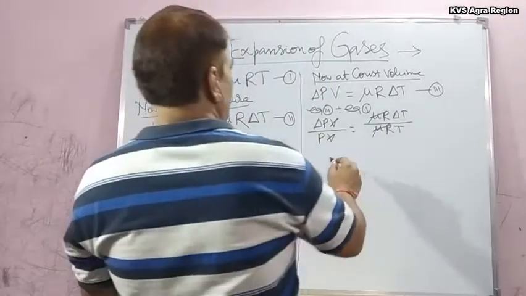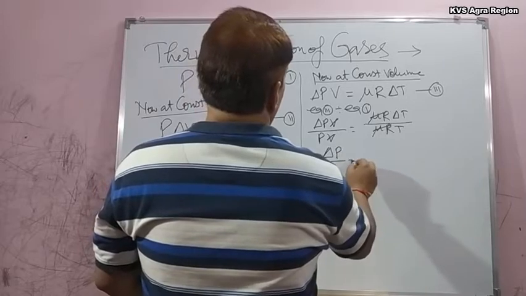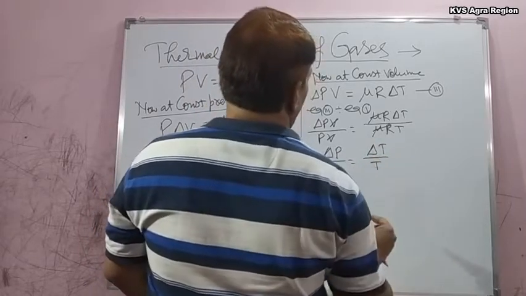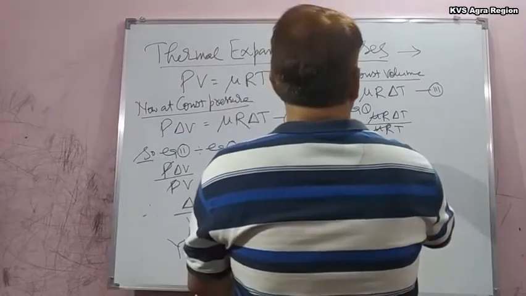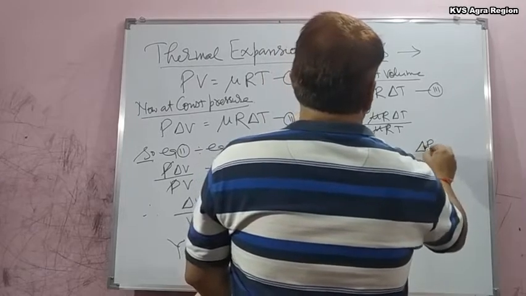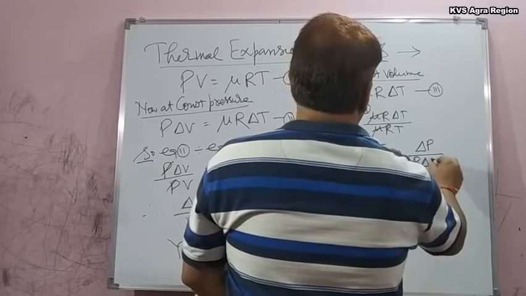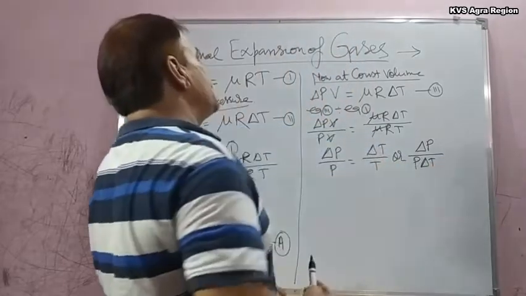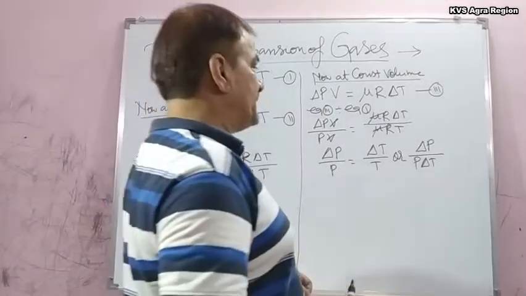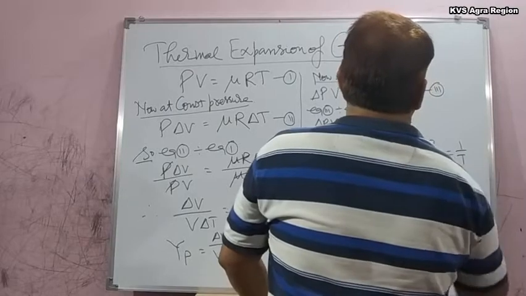So we will have delta P upon P equivalent to delta T upon T. Or it can be written as delta P upon P delta T. We have transferred this delta T onto the left hand side, so it will come into the denominator. So equivalent to 1 upon T.